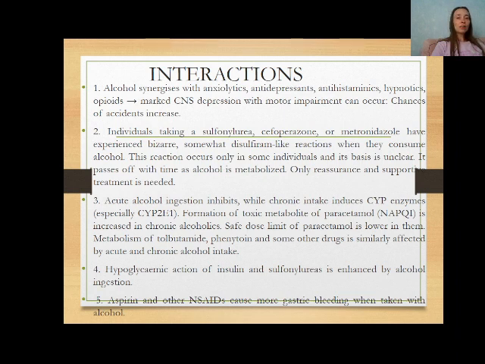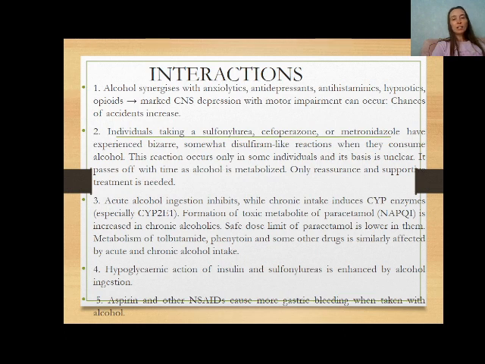These are reactions like those when a patient takes disulfiram, used in the treatment of alcohol withdrawal syndrome. The patient will be in a bad condition. We shouldn't take alcohol with sulfonylurea, cefoperazone, and metronidazole because of the disulfiram-like reaction.